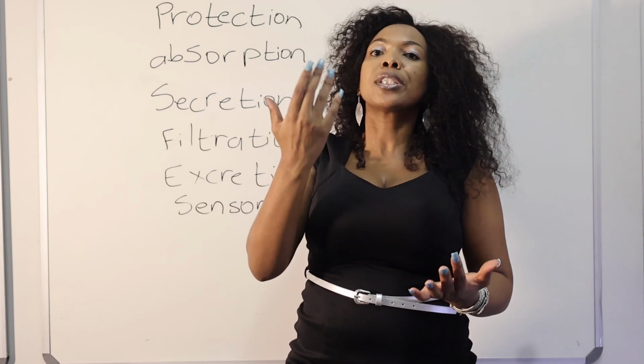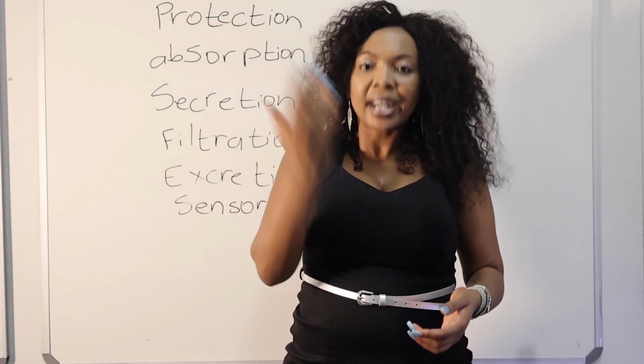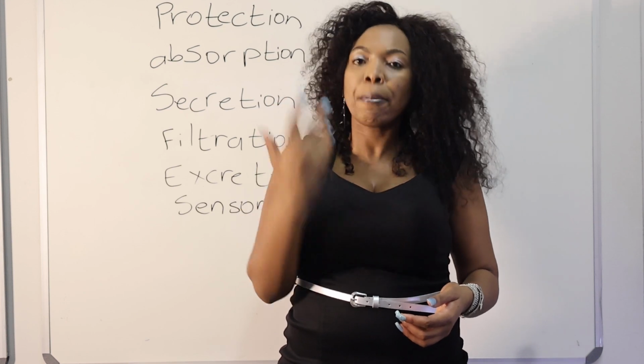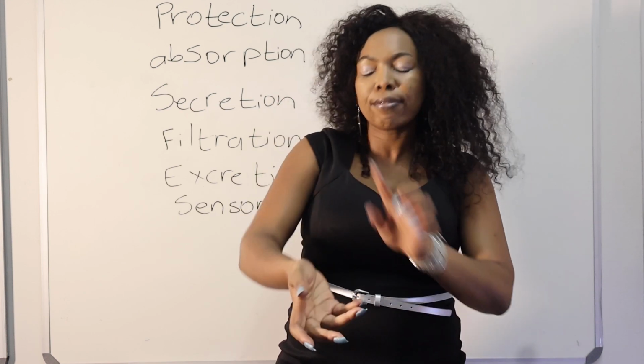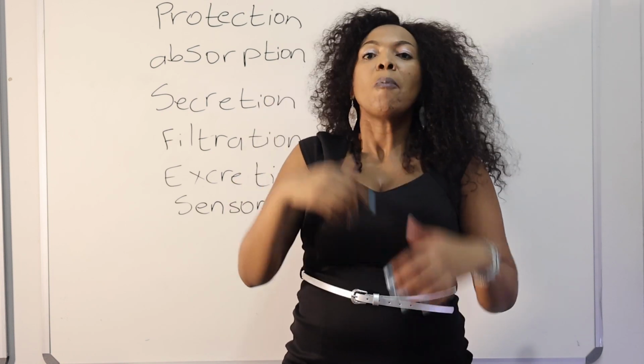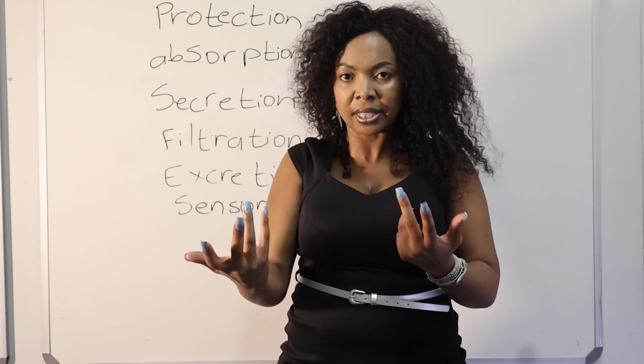Another example is the respiratory tract. In the respiratory tract, there is also a type of epithelium which is different from the one on the skin, different from the one in the intestines, because of its function, because of where it's located.